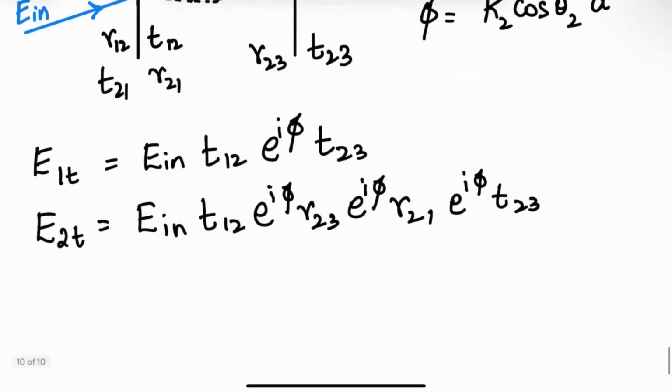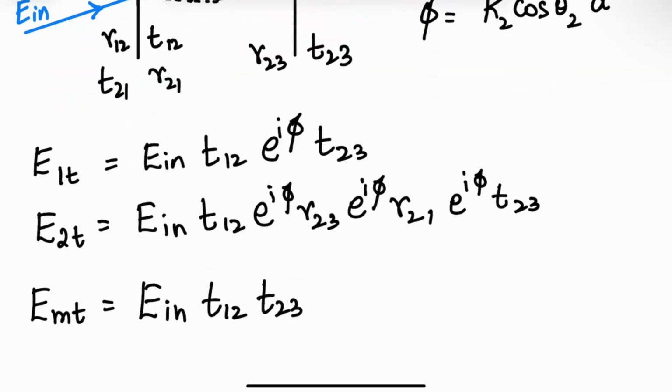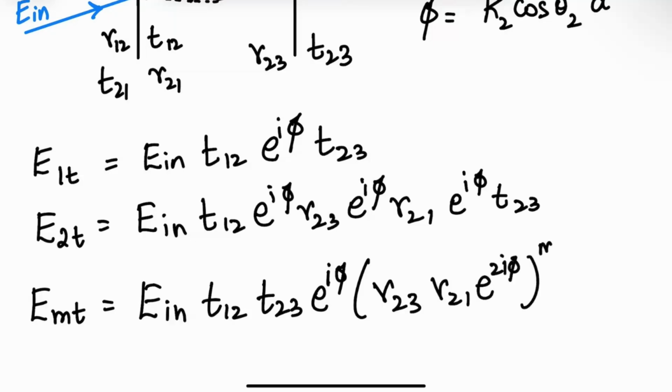Okay, so if I write it for the mth transmission, that's fairly easy. You have your incident wave, the first transmission, the last transmission, and then the first phase propagation times a single bounce path, which is one reflection on the right and then one reflection on the left, reflection on the right, reflection on the left, two-way phase propagation to the m.